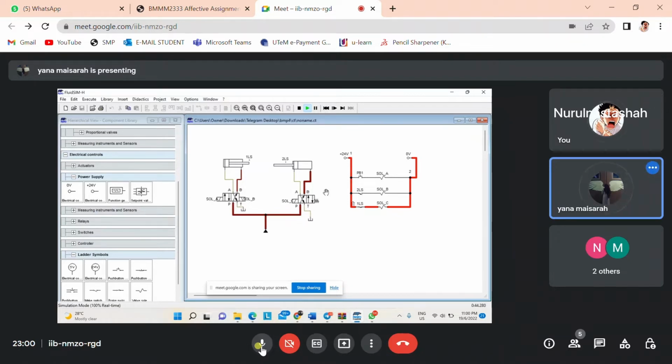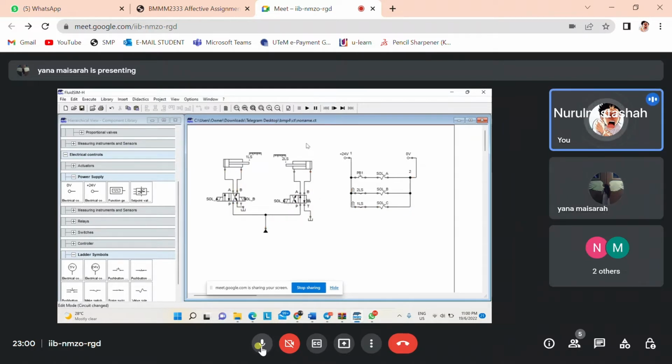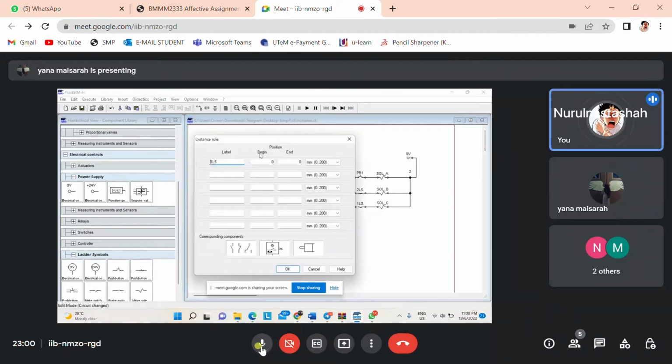Any suggestions, anyone? I think we need to change the information from the ruler. Stop first. Start with ruler number 1 LS. We begin with 20 centimeter or 200 mm as stated on the right side.